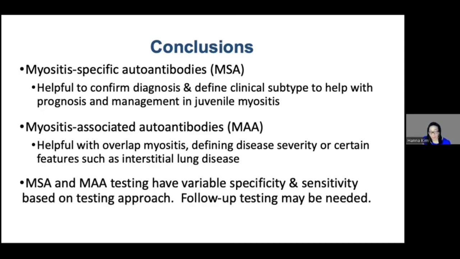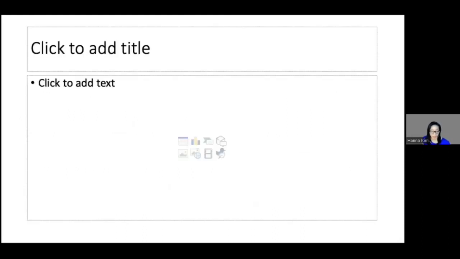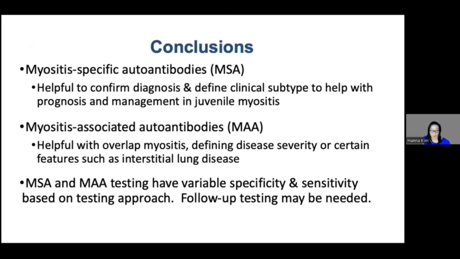And finally, both myositis-specific and myositis-associated autoantibodies have variable specificity and sensitivity in testing based on the methodology. So you should be aware of the testing approach that's being used at your local labs, as follow-up testing may be needed. Thank you very much for your attention, and I'm happy to take questions at the end.